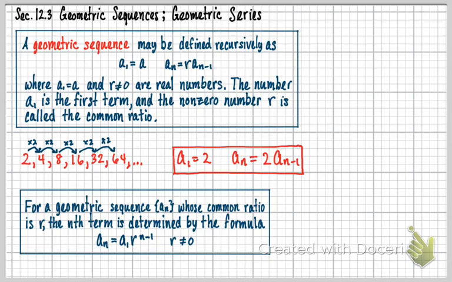So I know r already, which is here, and I know a1 already, so that's really it. So I'm just going to write an, and a1, my first term, is 2. So I'm going to write 2 times, and my r here is 2, and then that would be to the n minus 1. So this would be the formula for the explicit formula.